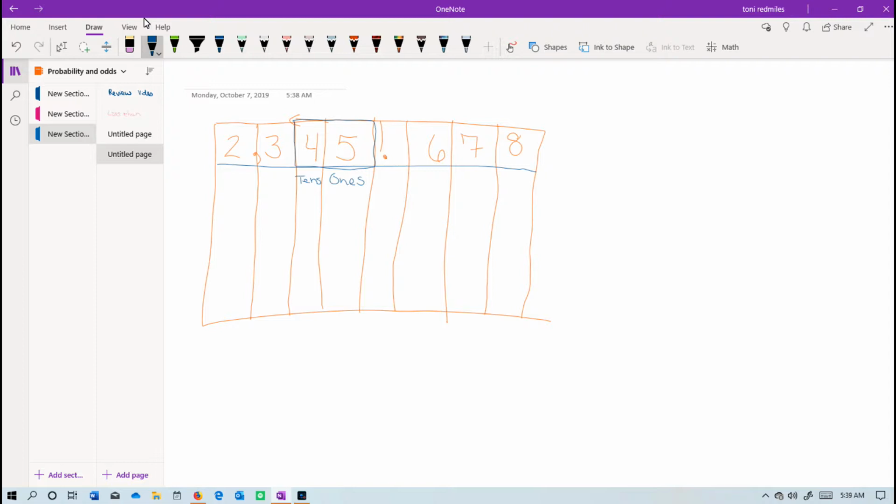And then moving out, encompassing the 3, to make 345, I need 3 100s, $100 bills, 4 10s, and 5 1s.